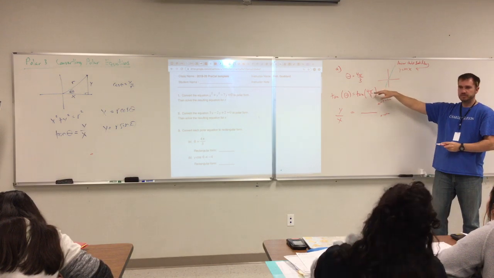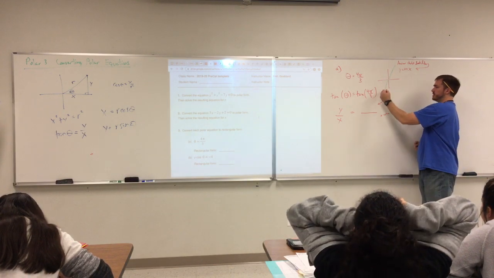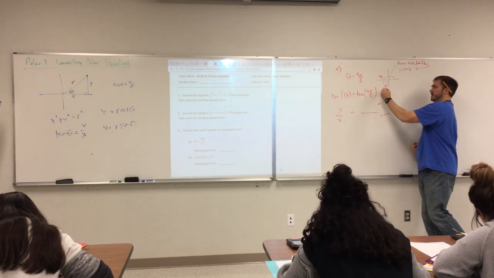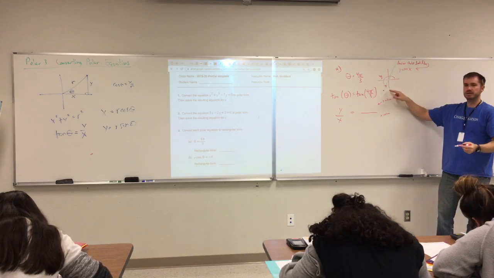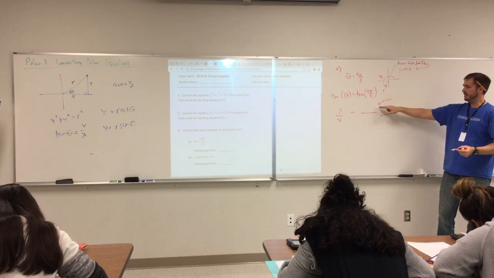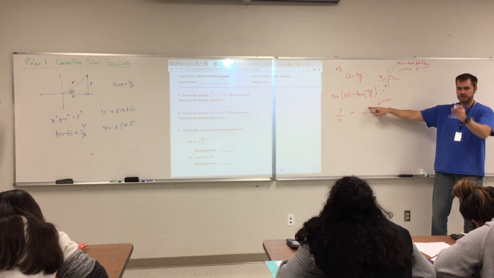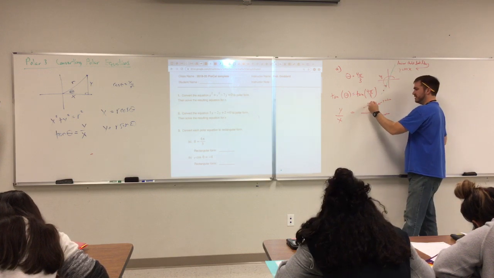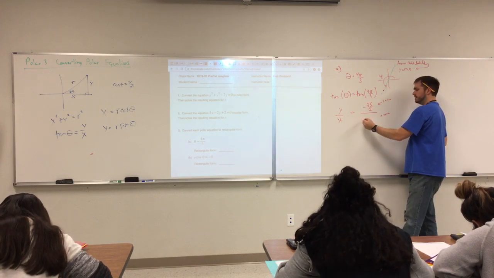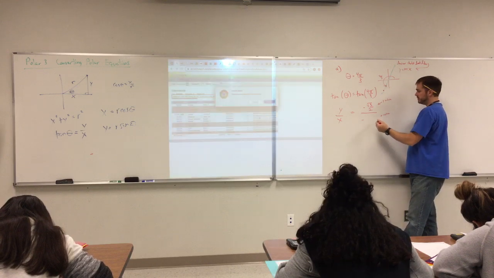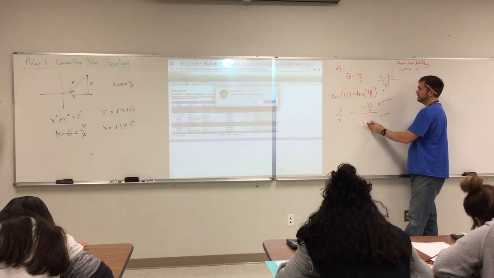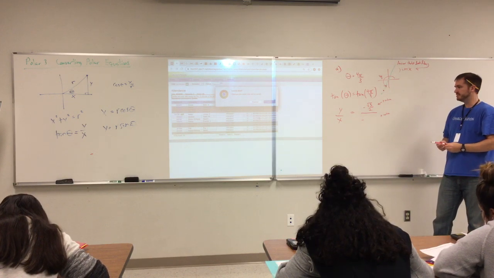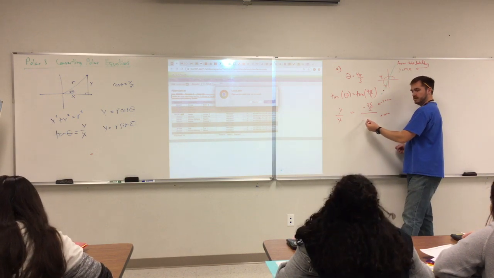To find the tangent of 4 pi over 3, you go to the unit circle, find 4 pi over 3, and tell me what is the y value over the x value. Sarah, what's the y value at 4 pi over 3? Negative root 3 over 2. Nayeli, x value? Negative 1/2.